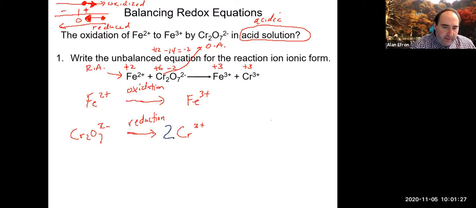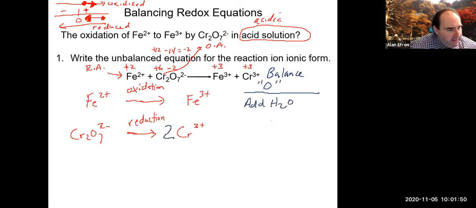Now, once you've balanced everything other than oxygen and hydrogen, the next thing you do is balance the oxygen. The way we balance the oxygens is we add water to whatever side needs oxygen.